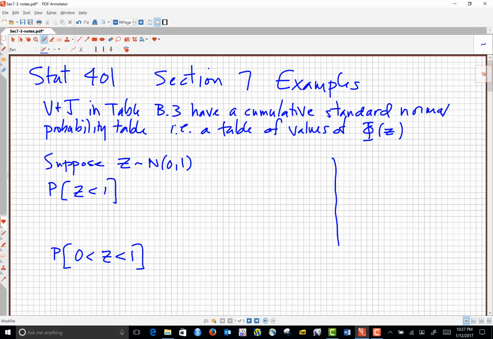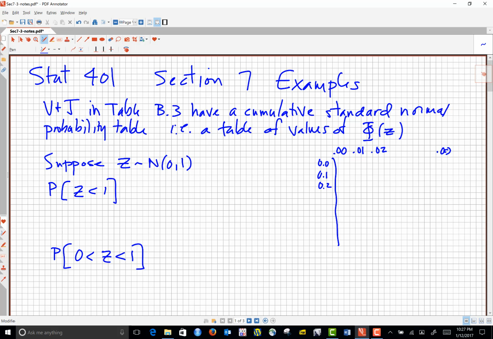There are two pages. On the right-hand page, down the left side, there is a leading digit and then a first digit after the decimal place, for values from roughly 0 to about 3.5. Across the top are values for the second digit after the decimal place, 0.00 through 0.09.